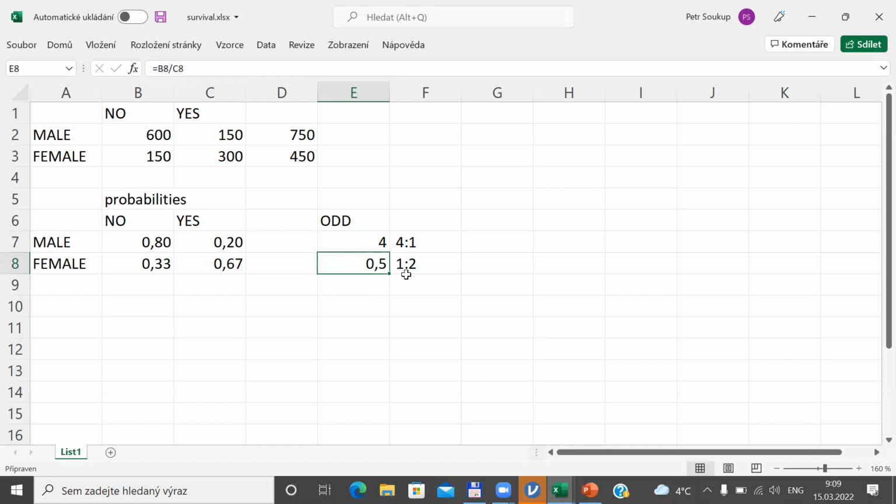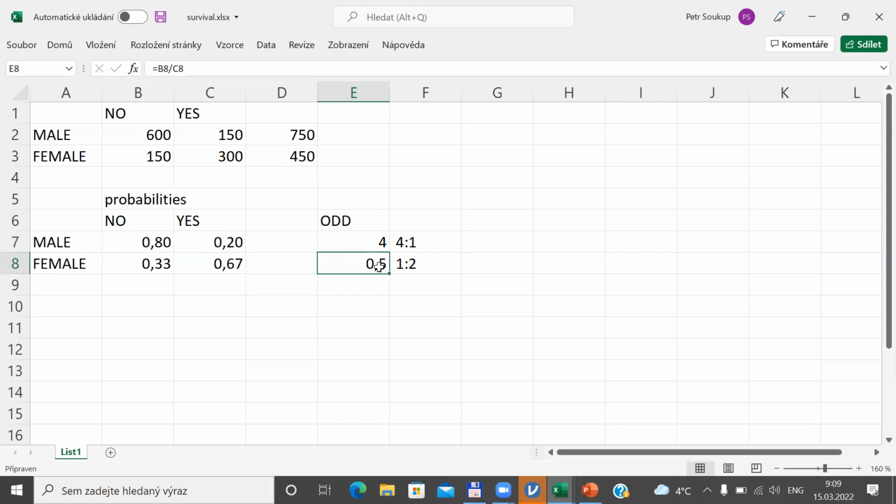And one computational trick, or trick for interpretation of results, I would recommend, and this is generally recommended in statistical textbooks related to these models: if your odds are below 1, then instead of saying that the odds to be dead for female was 0.5, try to reverse this value, which we call inversion in mathematics. So instead of 0.5, I would take 1 divided by 0.5, which is 2 divided by 1.